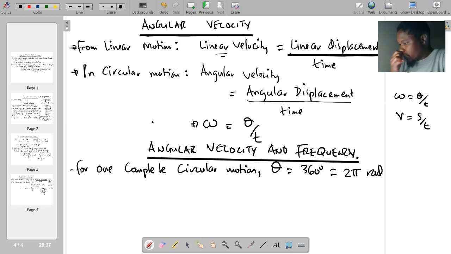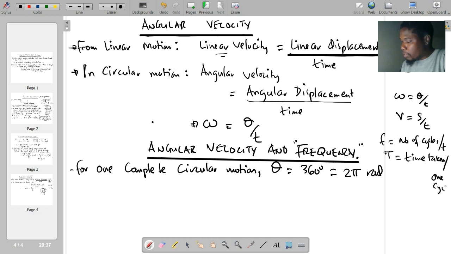If we're talking about frequency and period, let's go back to oscillation and waves. Remember that frequency was the number of cycles per unit time, and the period was the time taken for one cycle.